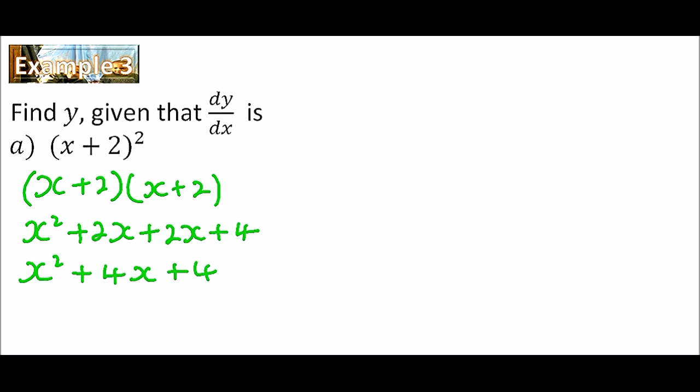This implies that our dy over dx is equals to x squared plus 4x plus 4. Then to get our y, we integrate this gradient function.